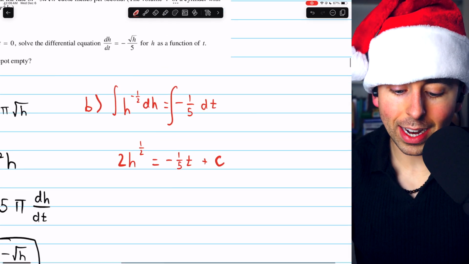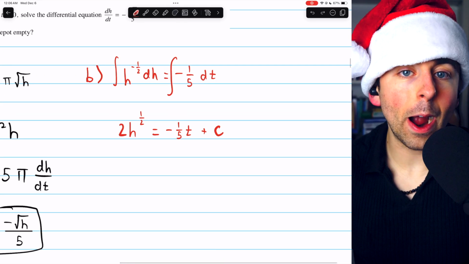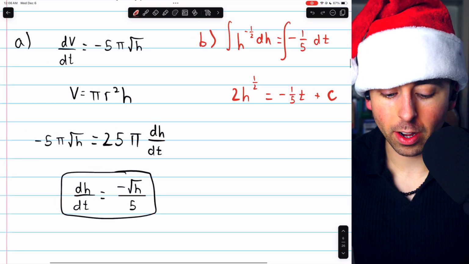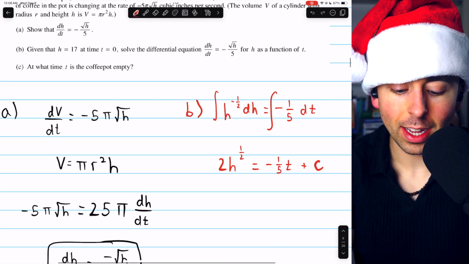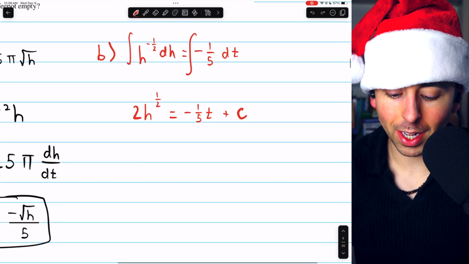So how do we find h as a function of t? Well, first, let's use our initial condition in order to solve for c, the arbitrary constant. The initial condition is that when t equals 0, h is 17. So let's plug that in.